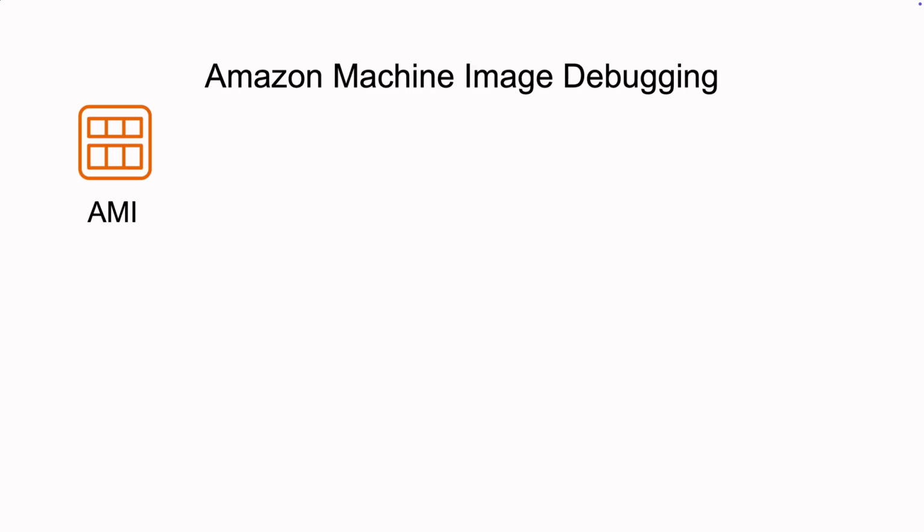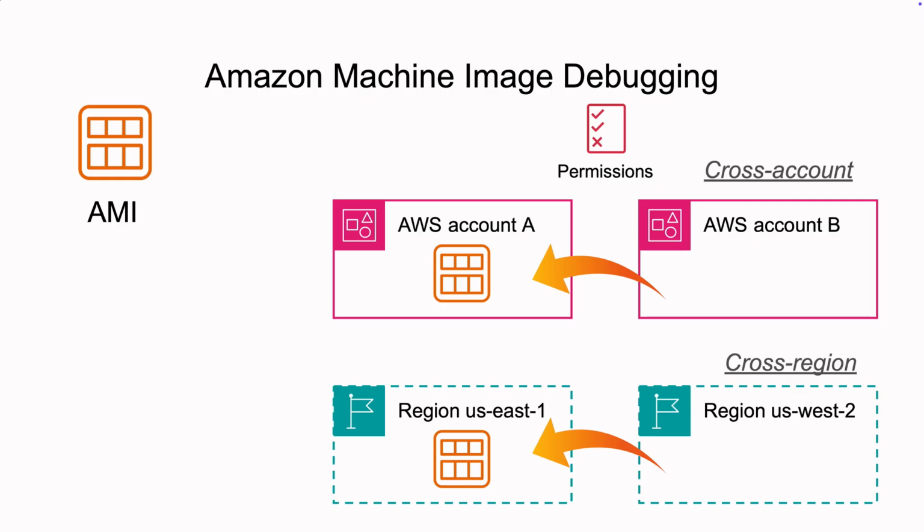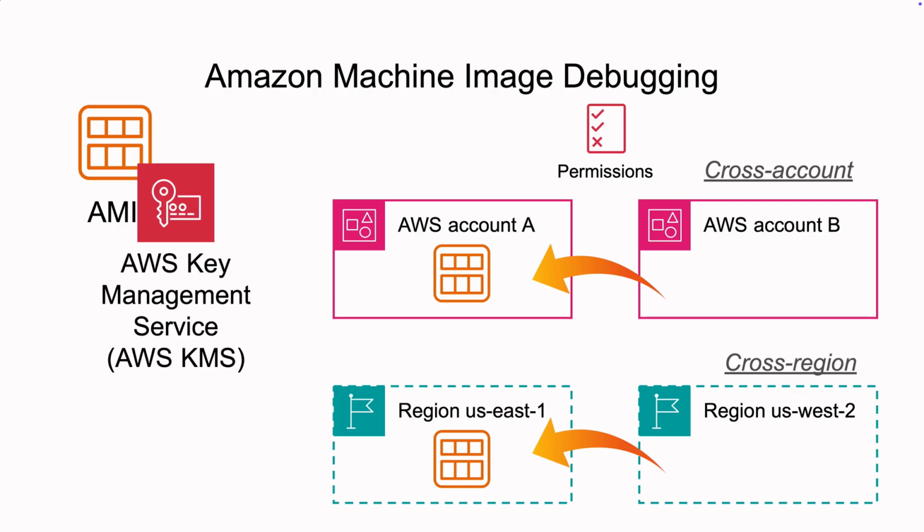To answer those questions correctly, you need to understand permissions, cross-account and cross-region AMI sharing, and of course, encrypted Amazon Machine Images. For example, when an Amazon Machine Image is encrypted, sharing the AMI alone is not sufficient. You must also share access to the customer-managed KMS key used for encryption.